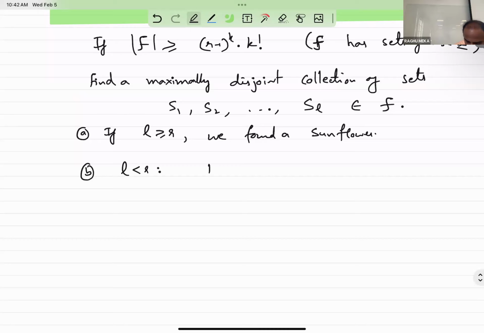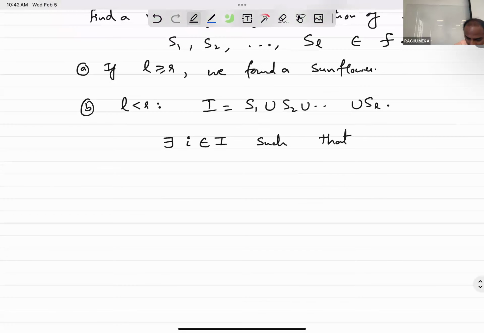then we said, look at this. Okay? And we said there exists i in the union such that if you define F_i equals the sets containing i with i removed.